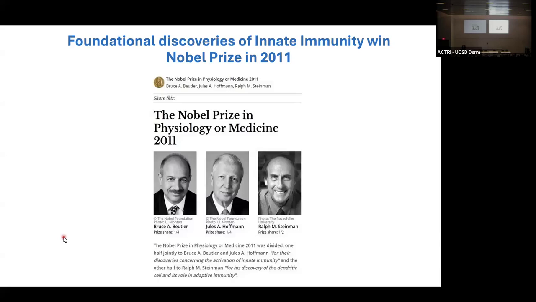Jules Hoffmann is also a friend and colleague at the Pasteur Institute in France. He did a similar thing, but in Drosophila, where the genetics are much faster, and he found many of the signaling systems that could later be translated in man. And Ralph Steinman was an adaptive immunology dendritic cell person, so he doesn't count.